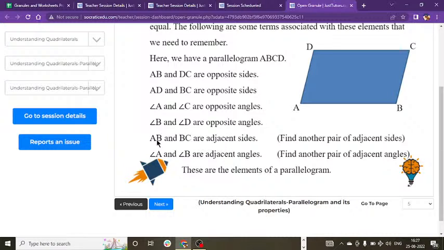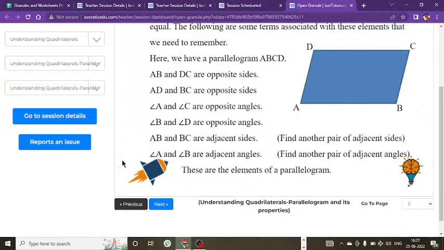Now, AB and BC are adjacent sides. Find the other pair of adjacent sides. So we got AB and BC, and we can say CD and DA are also adjacent sides.